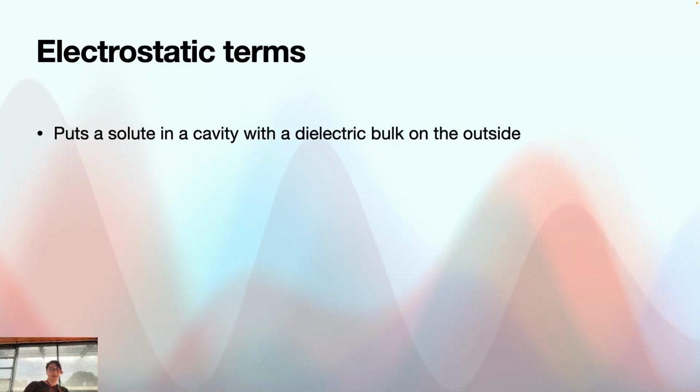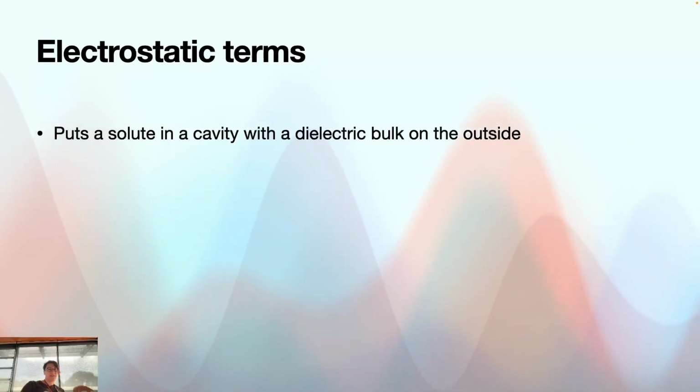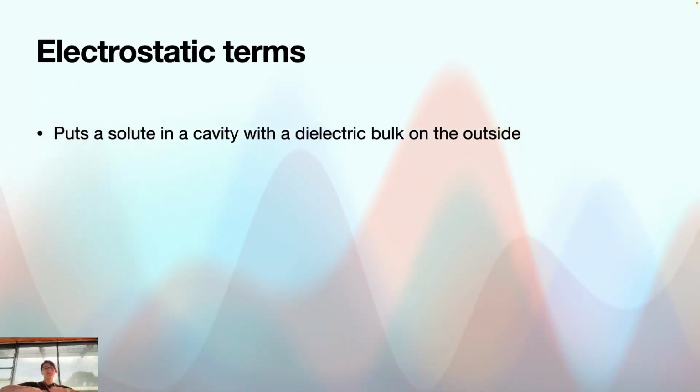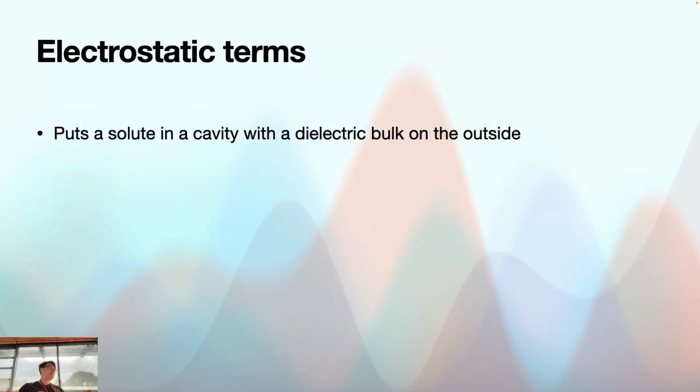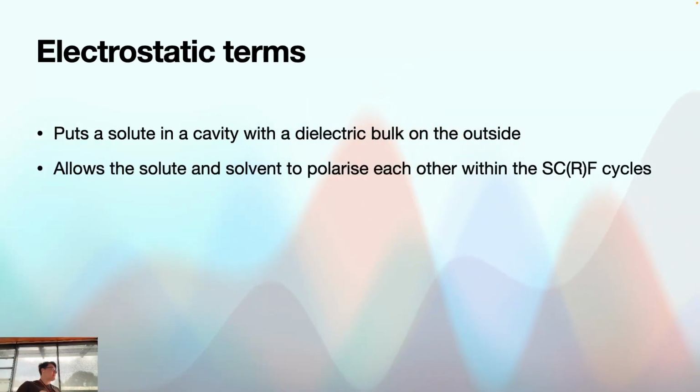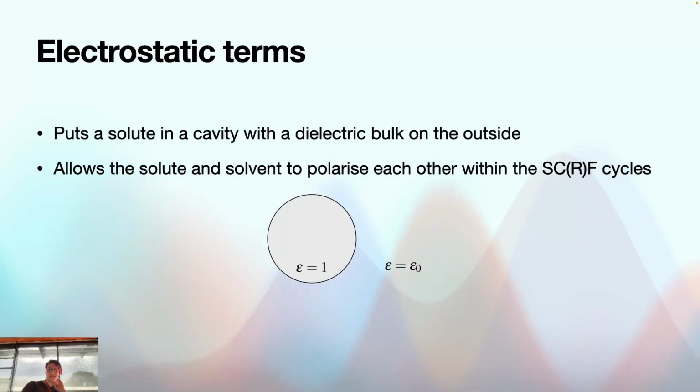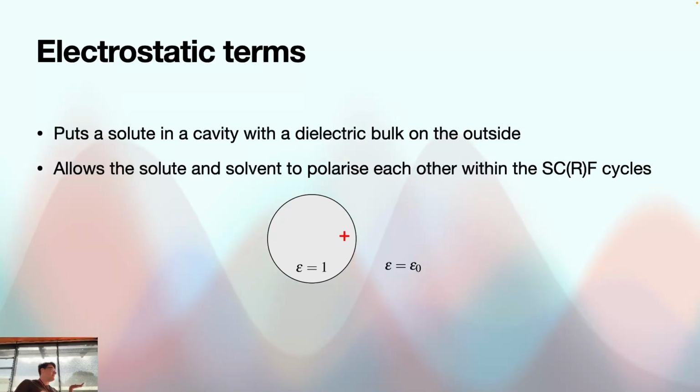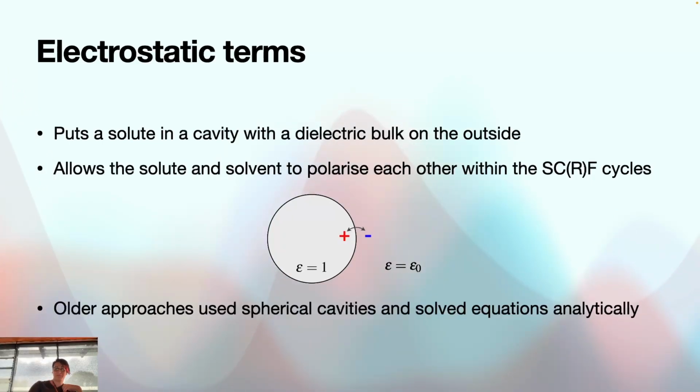We put the solute in a cavity with a dielectric bulk on the outside, and we allow the solute and solvent to polarize each other within the SCRF cycles. So cavity with a dielectric on the inside and the outside, charge appears on the inside, say from our solute, polarizes the outside, and then they can polarize each other respectively.